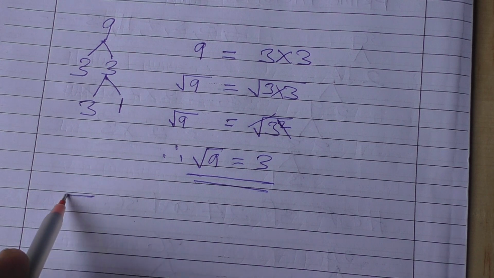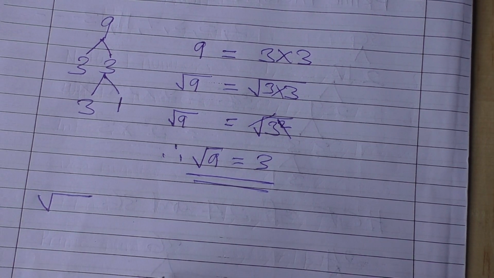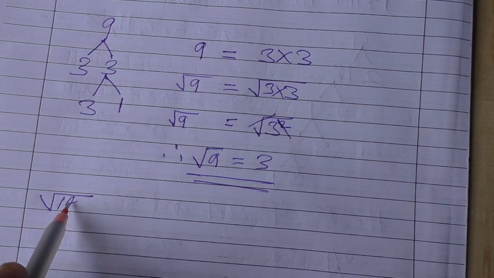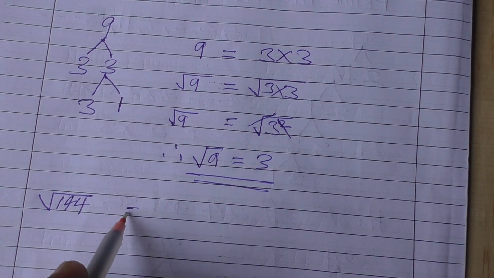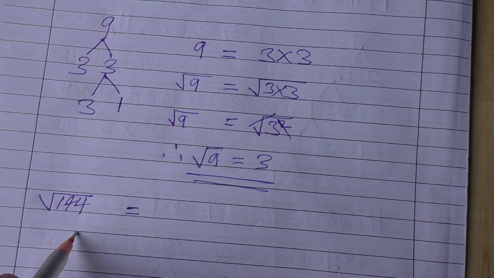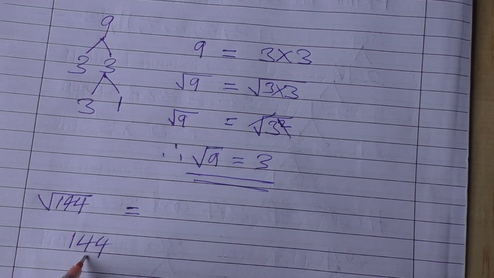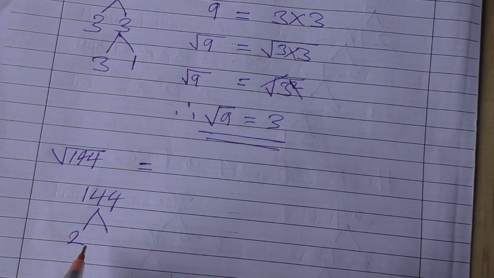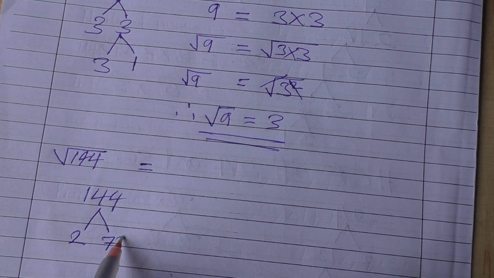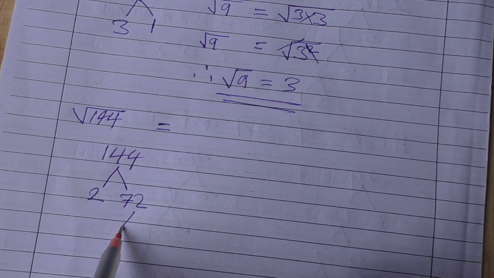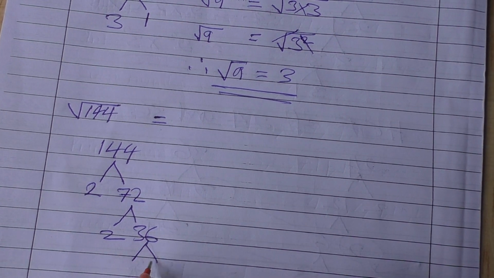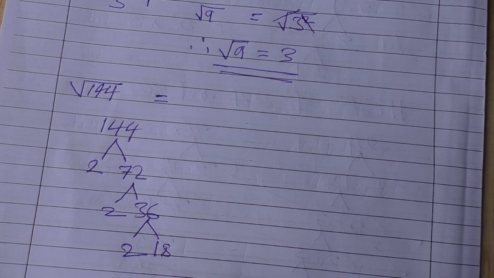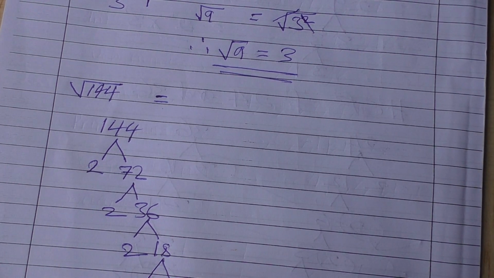Let's say the square root of 144. First of all, we shall decompose 144 by 2, that is 72. Then by 2, that is 36. Still by 2, that is 18. And by 2, that is 9.